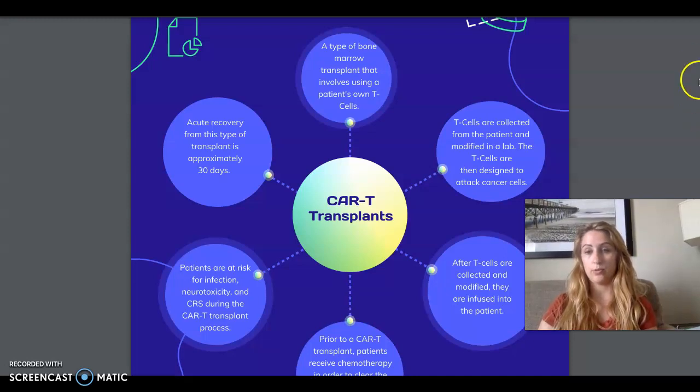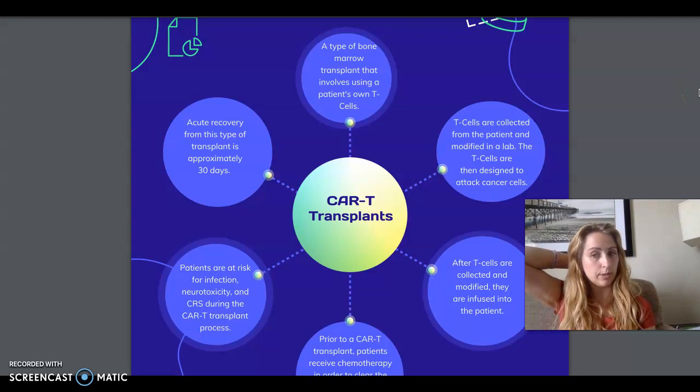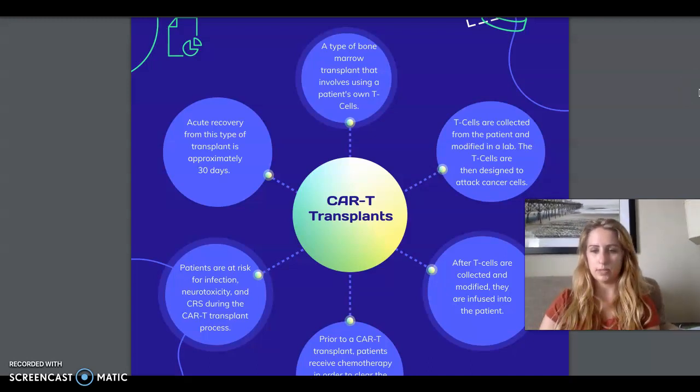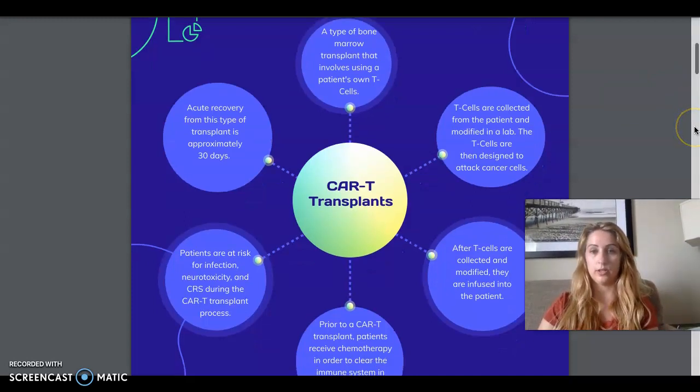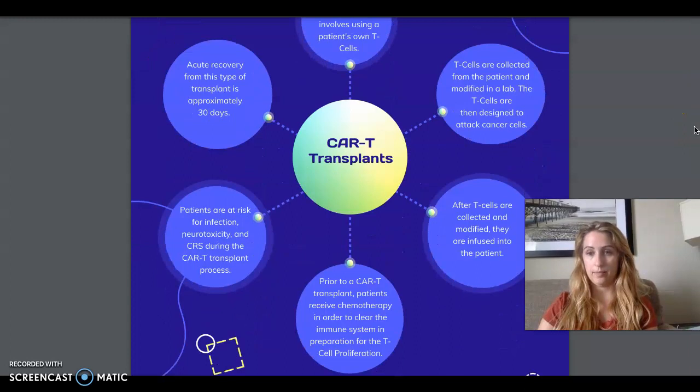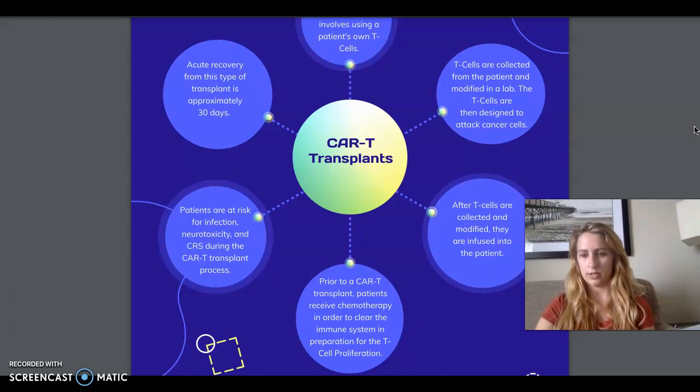And then you'll go through some details about this. This specific transplant uses T cells, so those cells are collected from the patient, and then they are modified in a lab, and that's why they call it chimeric antigen receptors. They're essentially modified to recognize cancer cells and attack them.